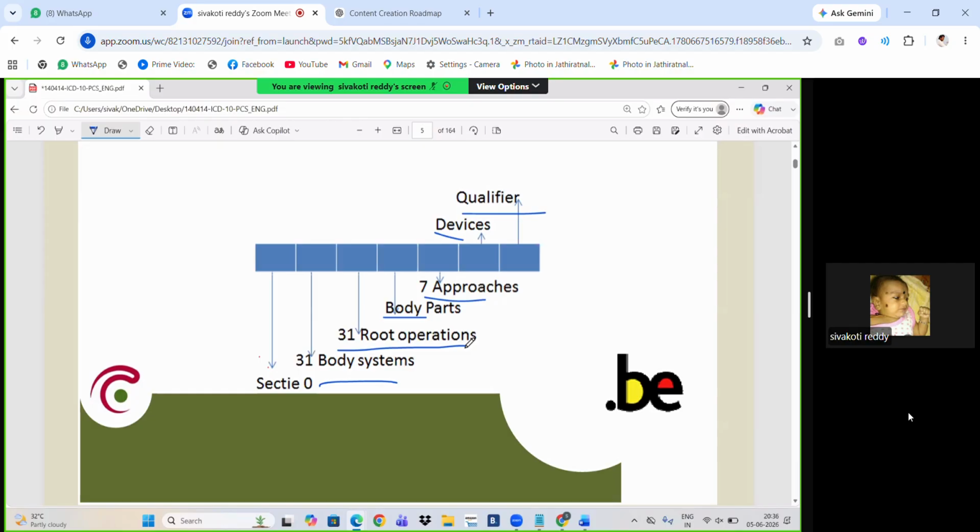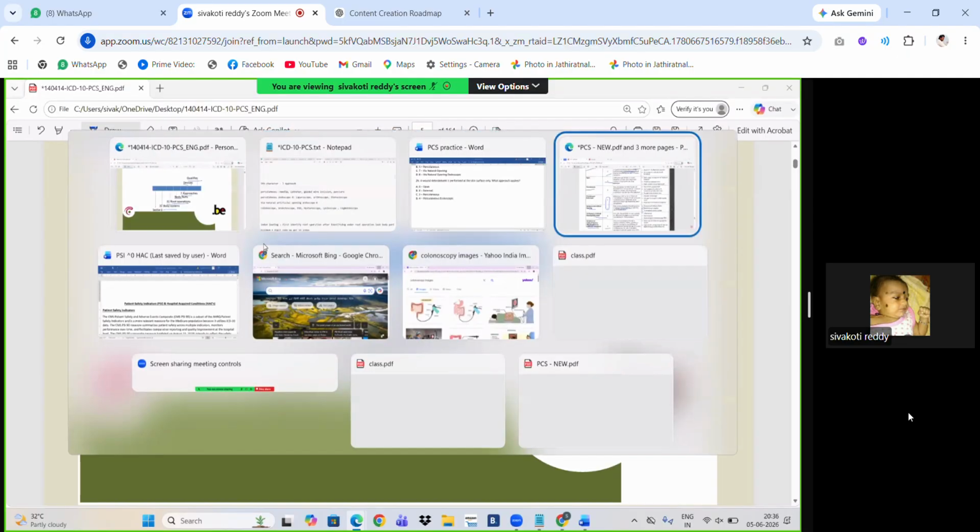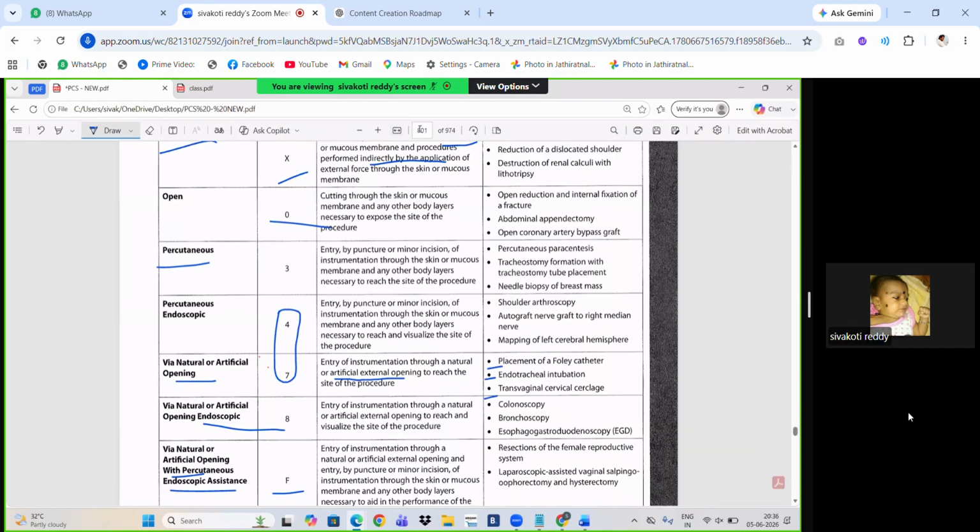Because every procedure will get the same approaches, same devices, same qualifier, same body system, same body part. But you need to find the exact root operation, then only will you get a correct code. In total we have 31 root operations. You will find them in the ICD-10 PCS book, everything I am teaching, because while you are taking the exam, you can check easily.